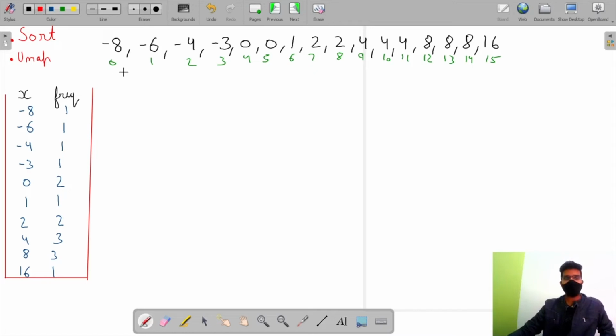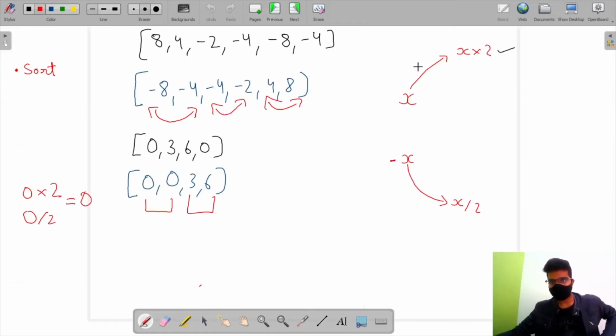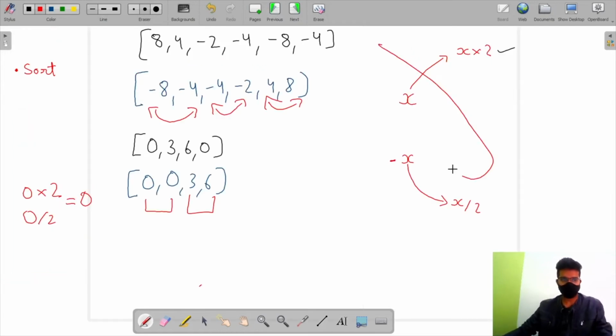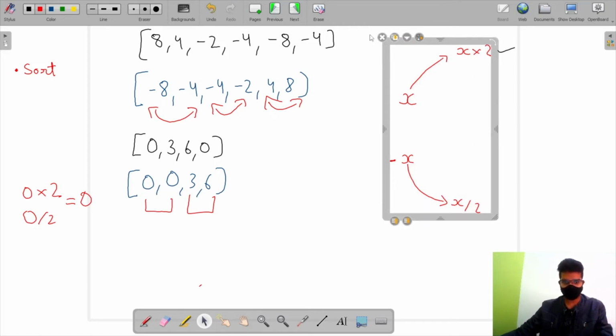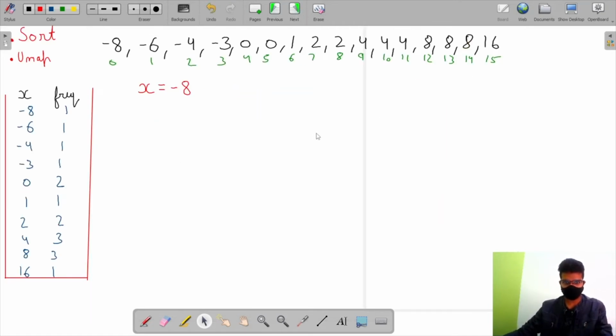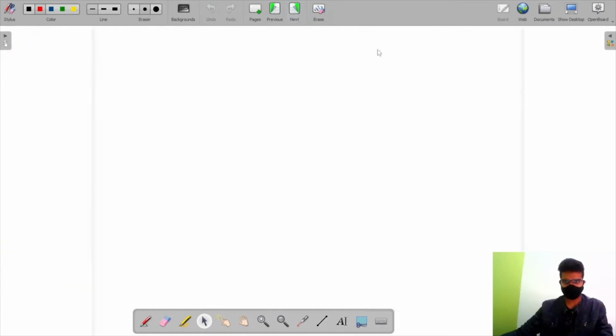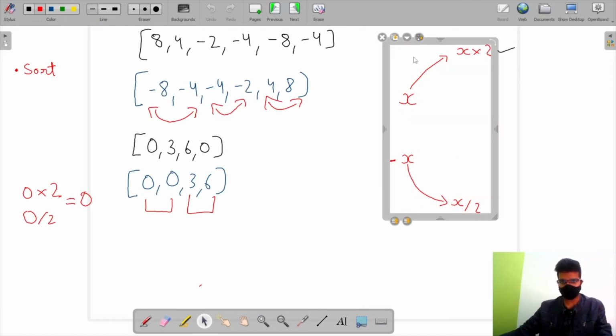So we are at the 0th index now. It's a sorted array now, right? So I extract my x. What is my x? x is the value that is -8. Now what do I check? Let me bring this beautiful diagram here. Let me copy it.